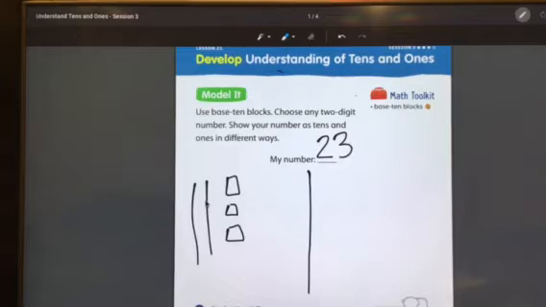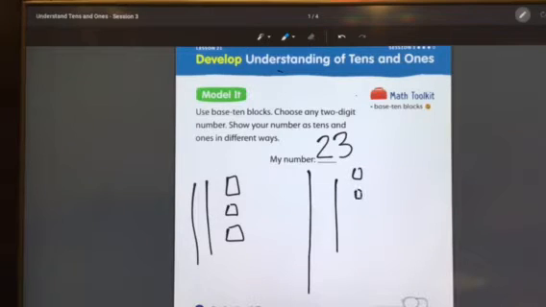So what you could do right now is take away this 10, move it up here, and turn that into 10 ones. So then when you move your pieces over here, you're going to have 1 ten. You're going to have your 10 ones because you broke this one up into 10 ones.